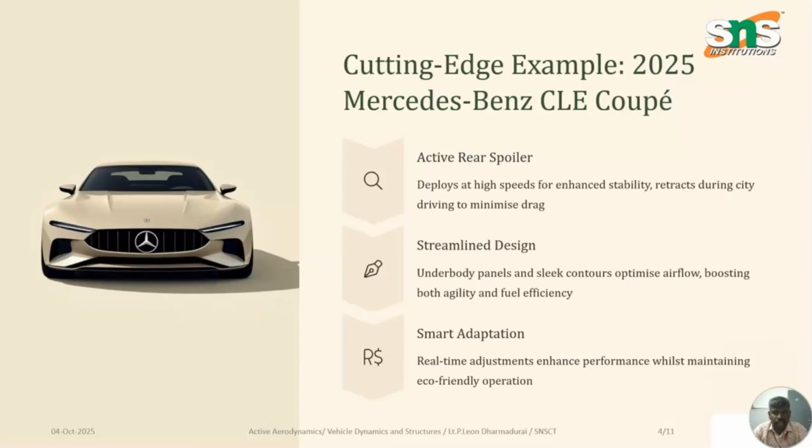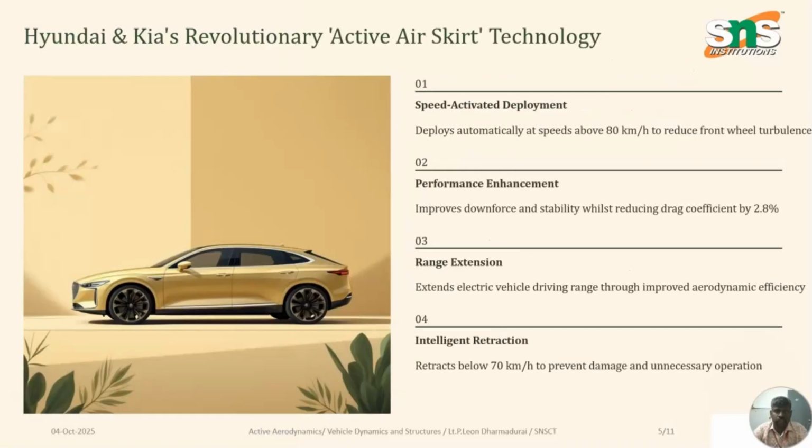Streamlined designs and smart adaptation make this car better and produce a good ride at high speeds. Hyundai and Kia are revolutionary in active aero technology, which obtains speed-activated deployment, performance enhancement, range extension, and intelligent retraction below 70 km per hour to prevent damage and unnecessary operations.